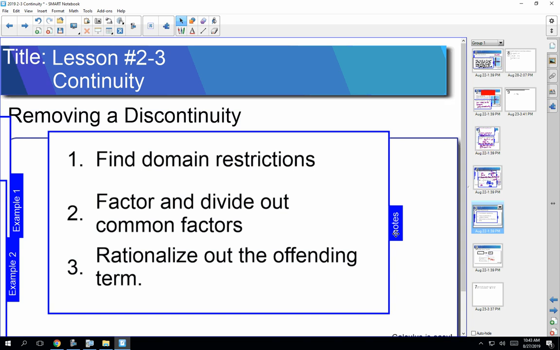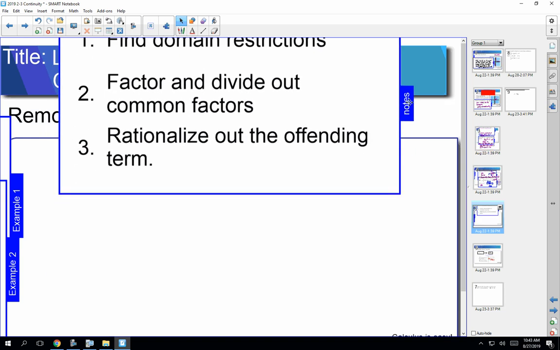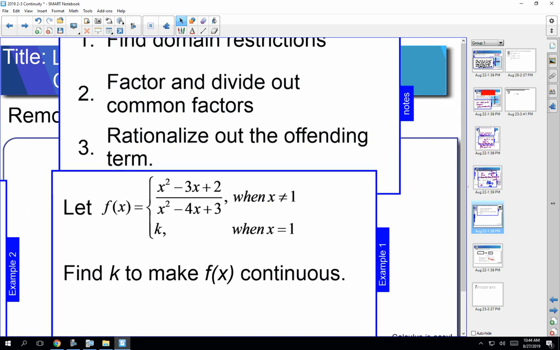You're going to be asked to take some functions, like you did in the activity the other day, and find a way to put a point back into that hole, to define the function piecewise in such a way that you can then make it continuous, like we're going to do right here. So go ahead and write down this function.